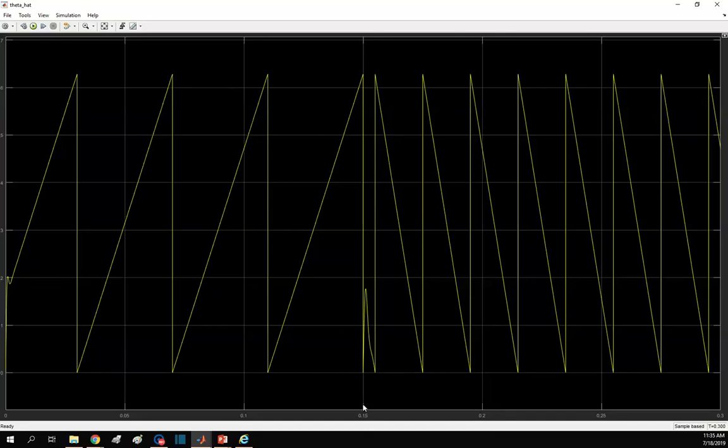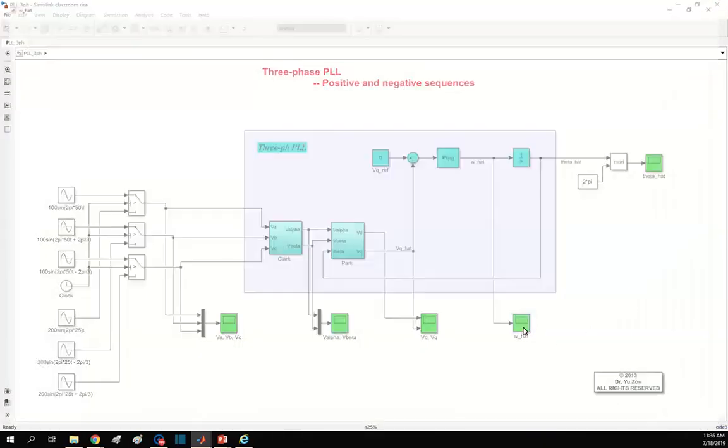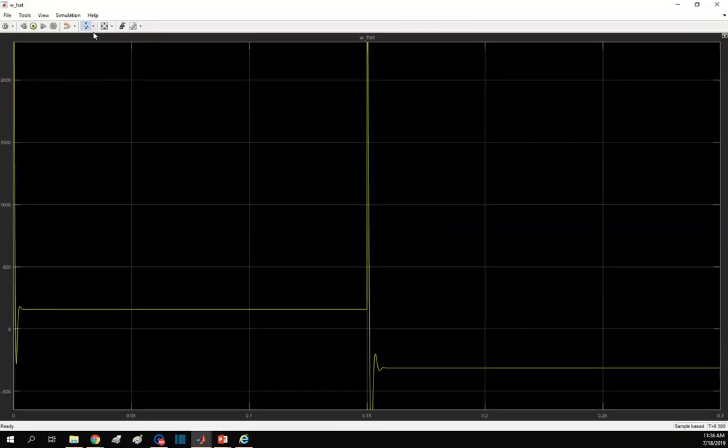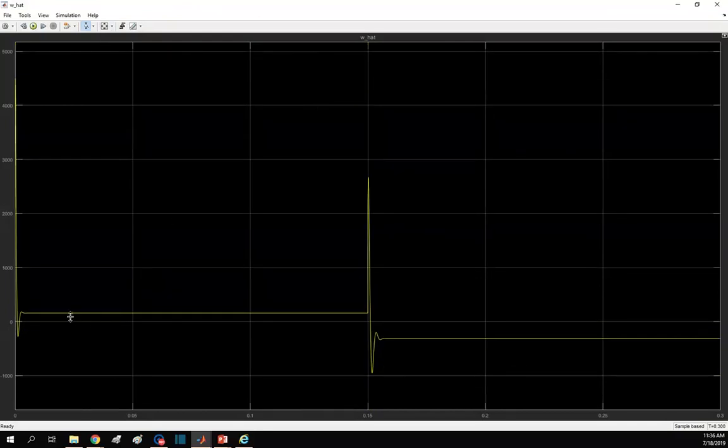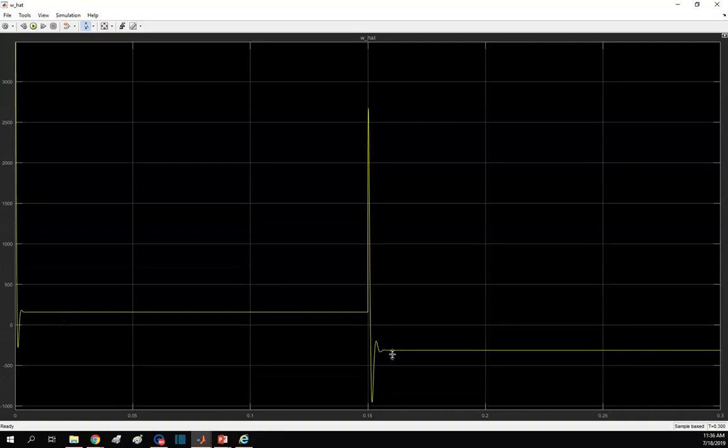After that moment, we have a higher frequency, actually double, 50 Hz, and the ramping is going down, which indicates the negative sequence, as well as the angular frequency here, positive angular frequency and negative angular frequency.